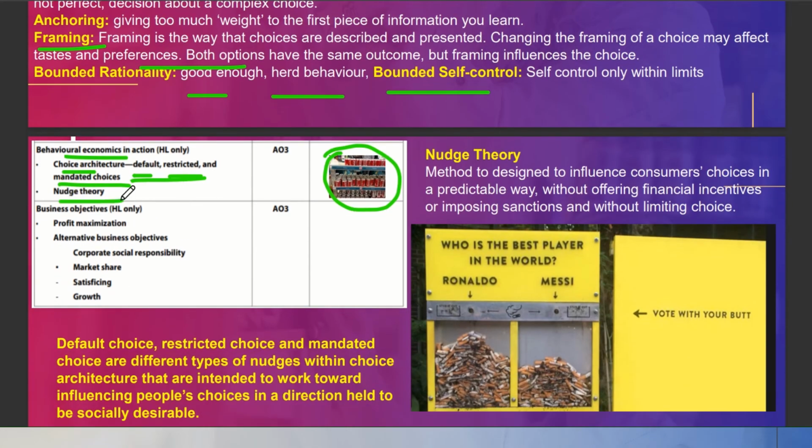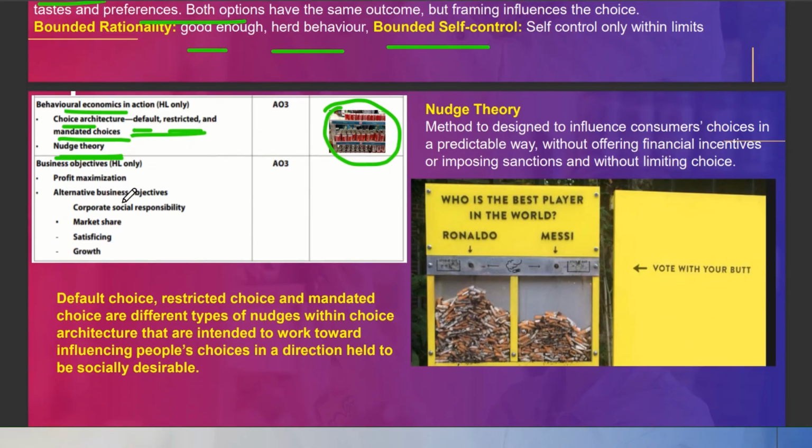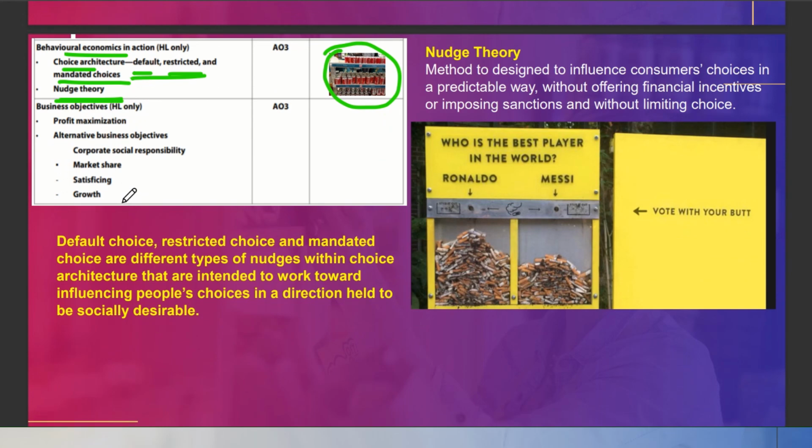And nudge theory. Nudge theory is a very interesting theory. Look here; in this picture you can understand it very easily. After smoking, people are asked to vote with their cigarette butts on the question: who is the best player in the world?